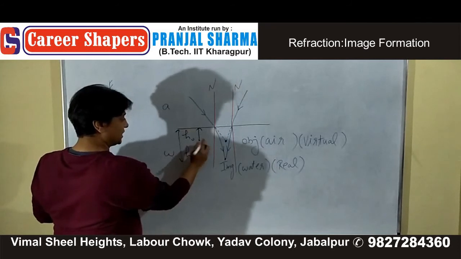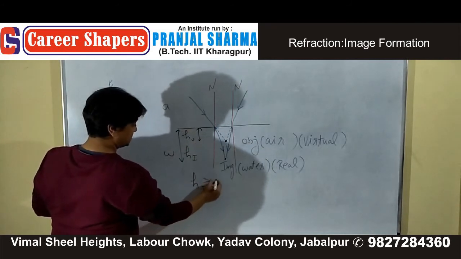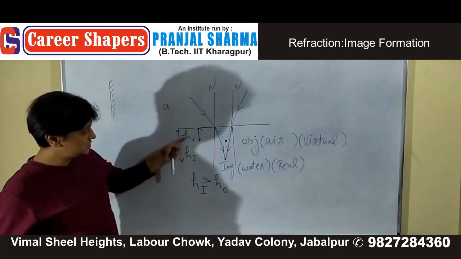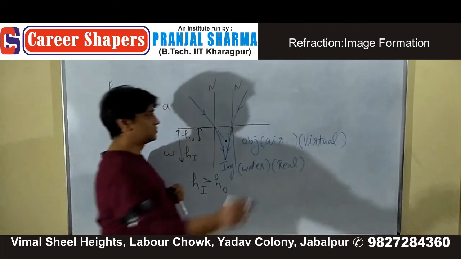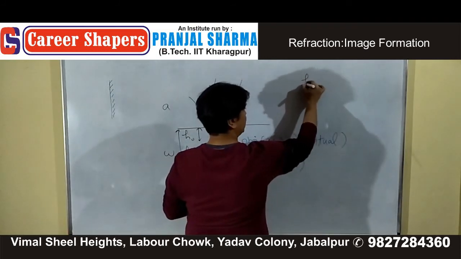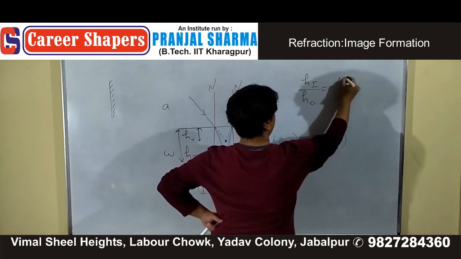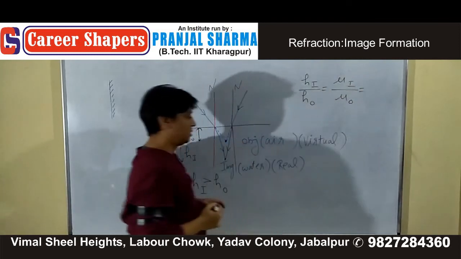Our observation says that hi is greater than ho. That's the observation. Now let's see if this observation fits the mathematical representation. Mathematical representation is hi upon ho equals mu I upon mu o.